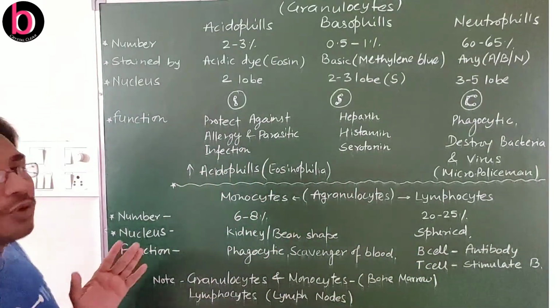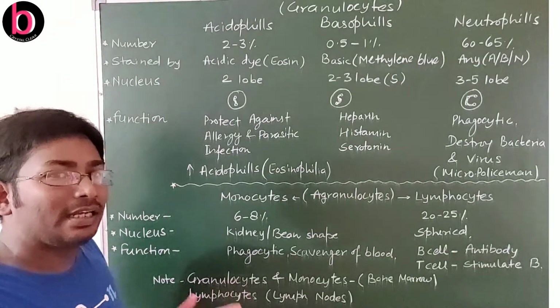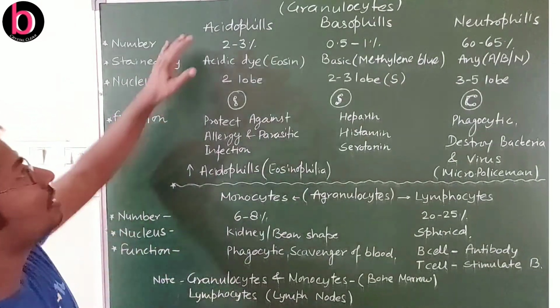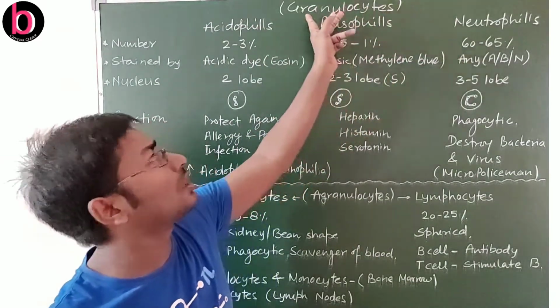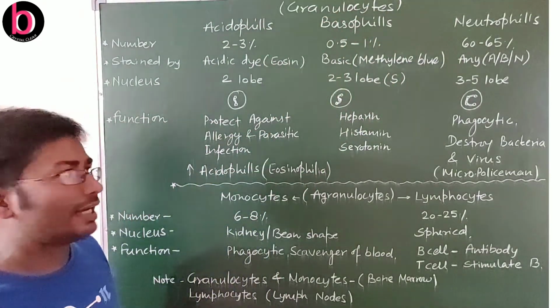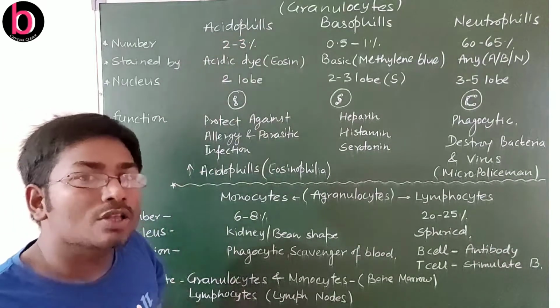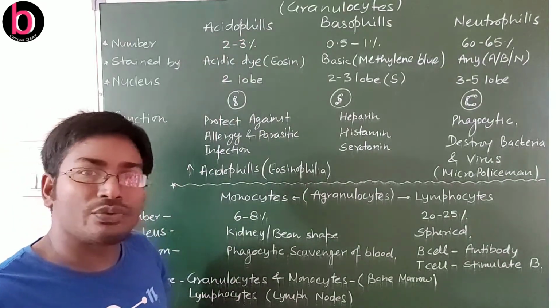Here this is given in the form of differences, so it will be easy to learn or memorize. Acidophils, basophils, neutrophils, all are types of granulocytes. Acidophils are also known as eosinophils.